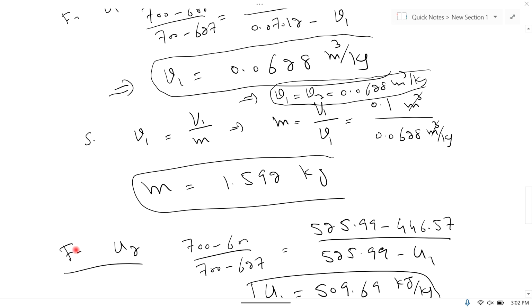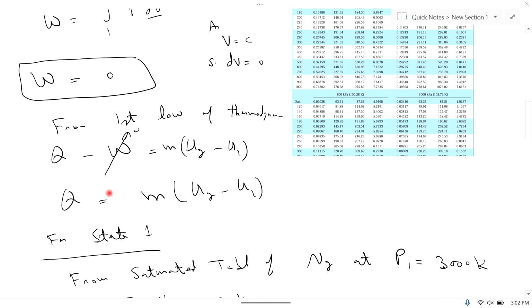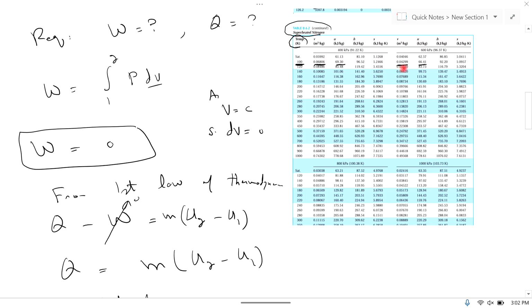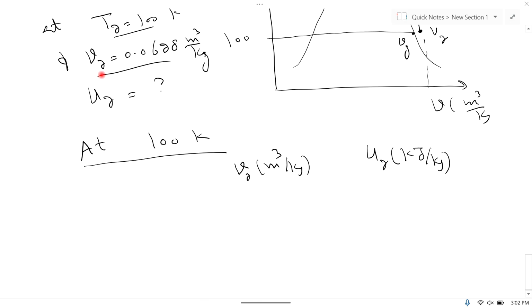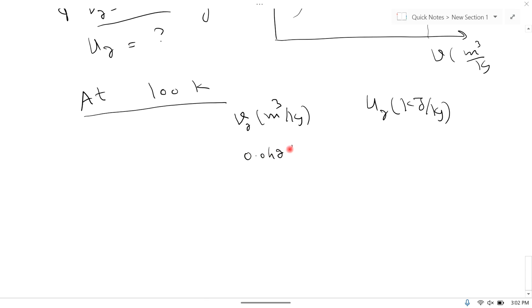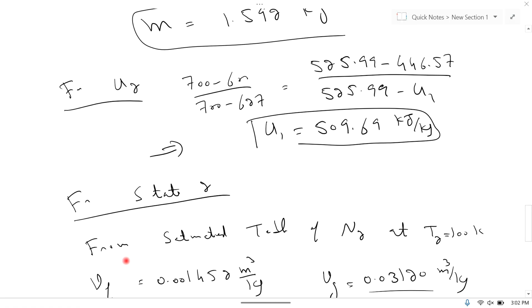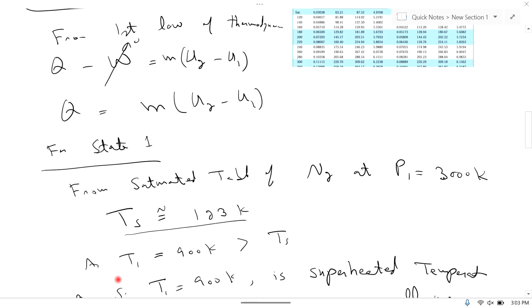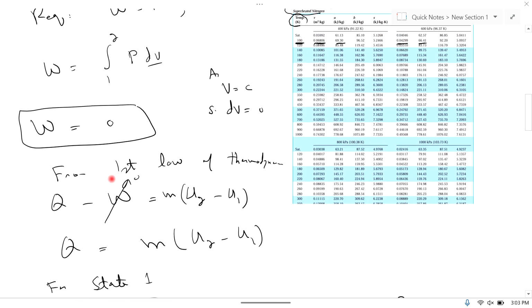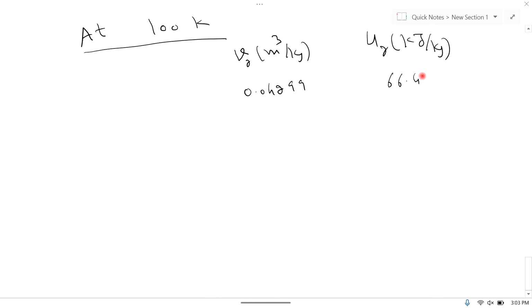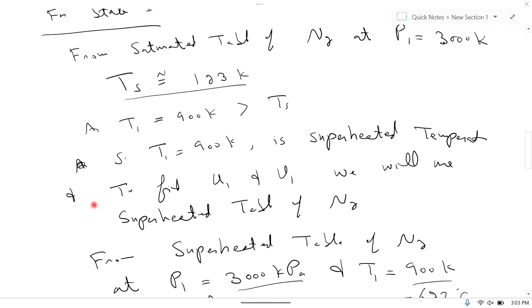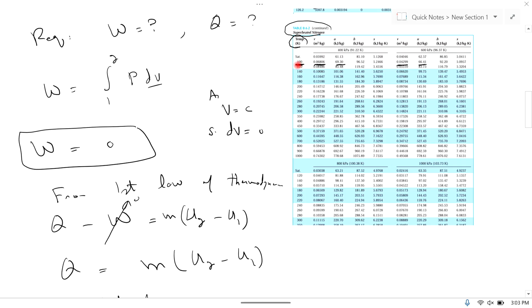So if we check the table here, at 0.04299 volume, internal energy is 66.41, and secondly at 0.06806 internal energy is 69.30, and in both cases temperature is 100 Kelvin.